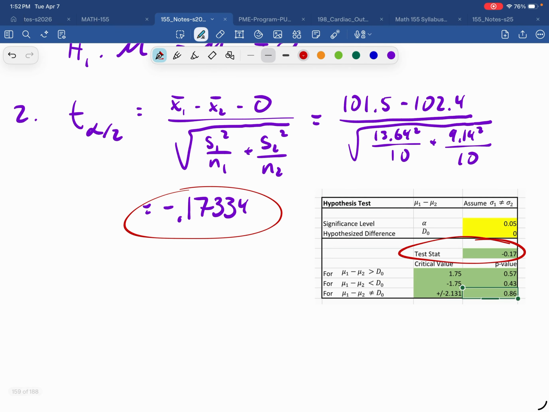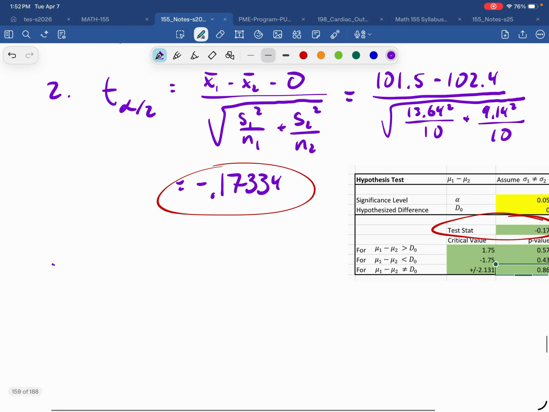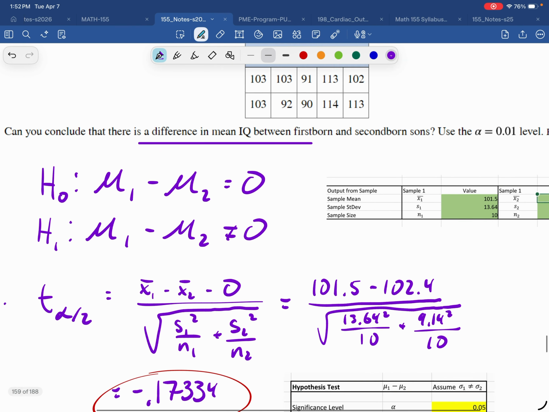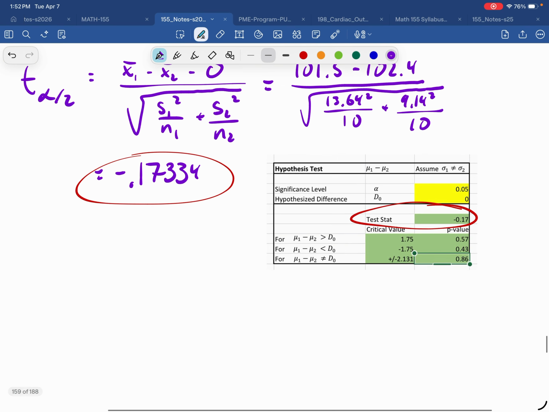Anyway, I hope it's clear what our conclusion's going to be, because really for any significance level, they say use the 0.01 significance level.